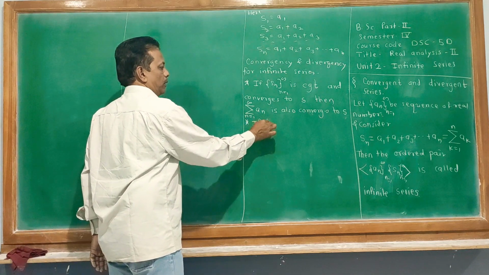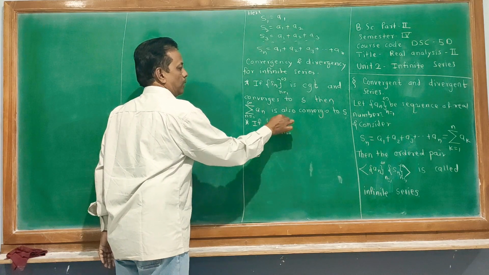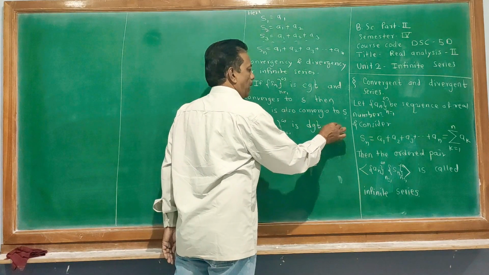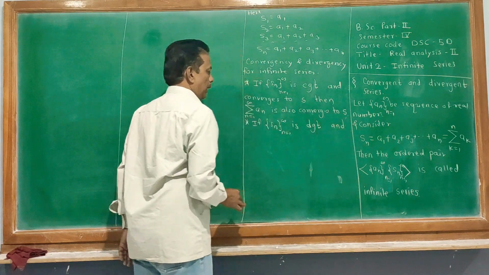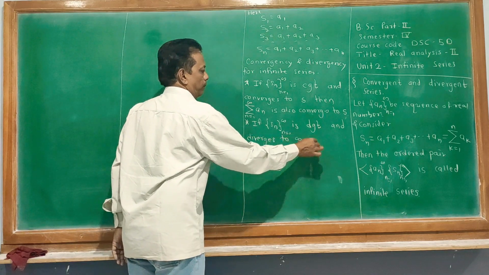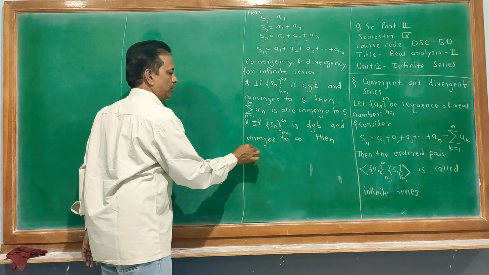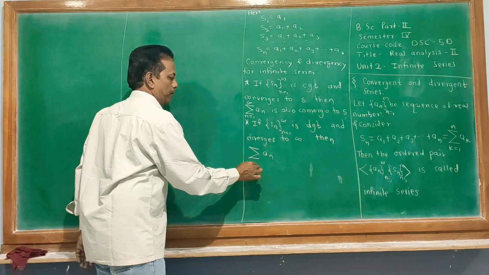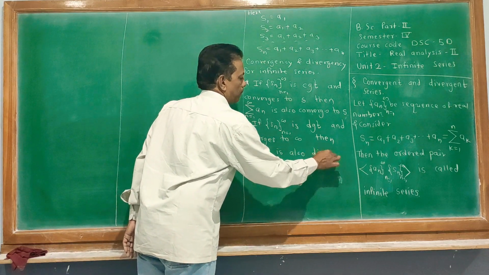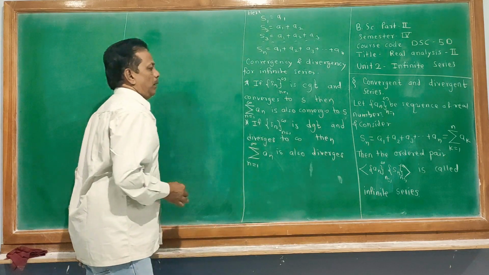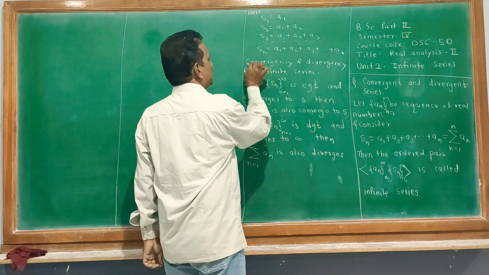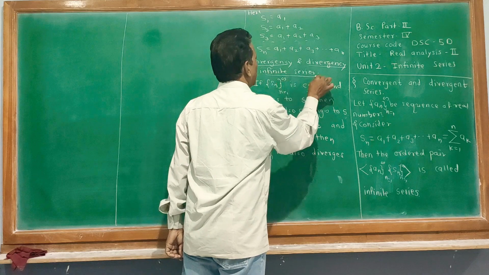Also, if sequence Sn is divergent, we write as DGT, diverges to infinity, then series An also diverges. These are the conditions for convergence and divergence for infinite series.